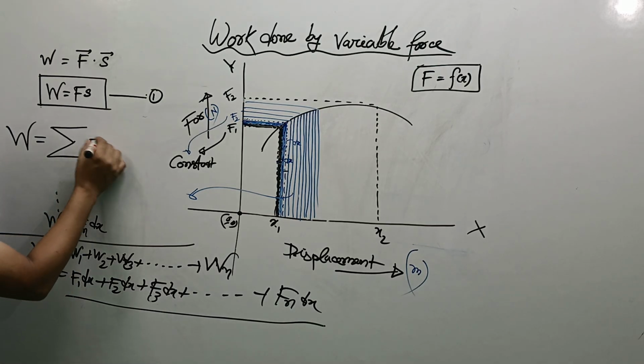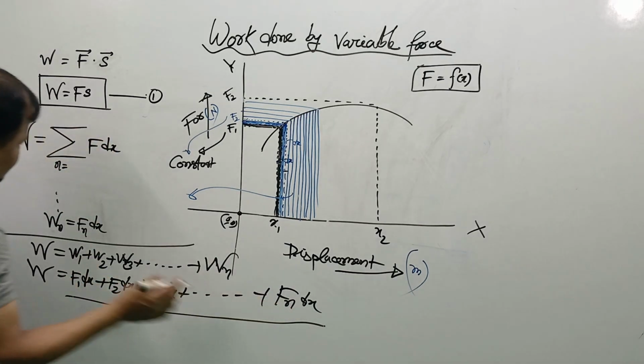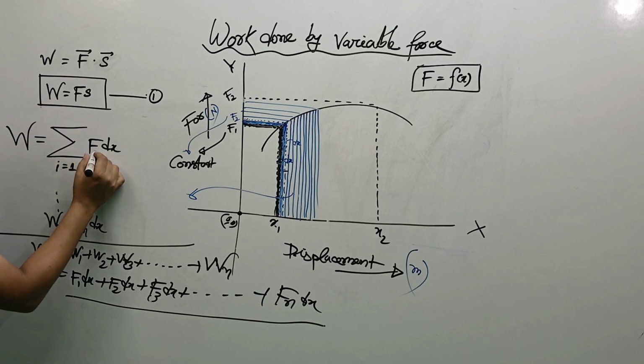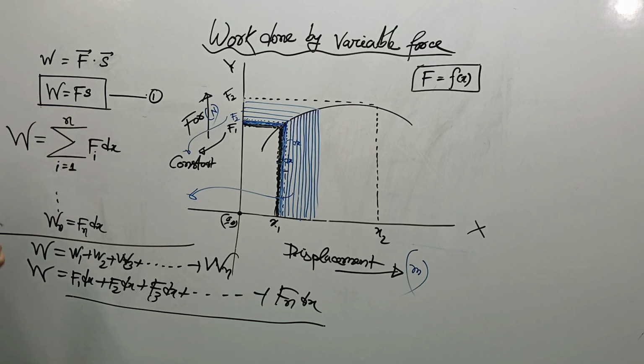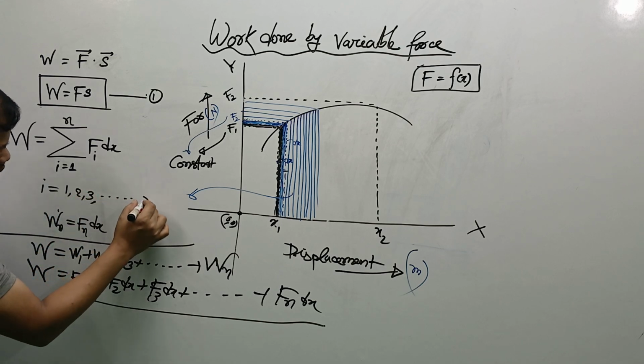Suppose we apply F dx, with the value of i going from 1 to n. The value of i will be 1, 2, 3, up to n.